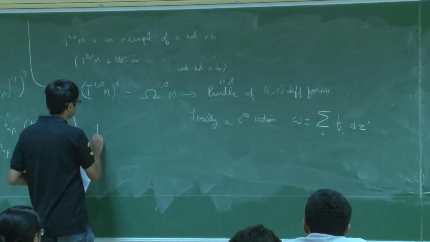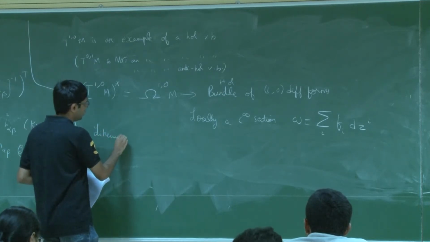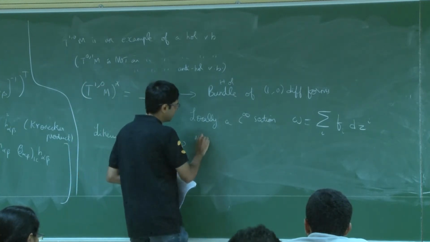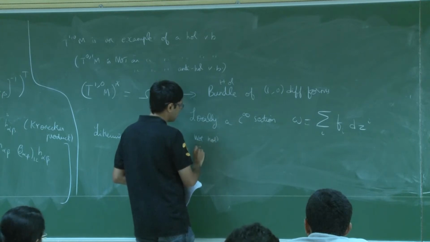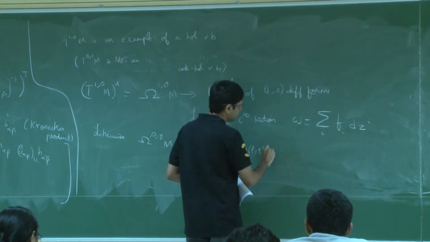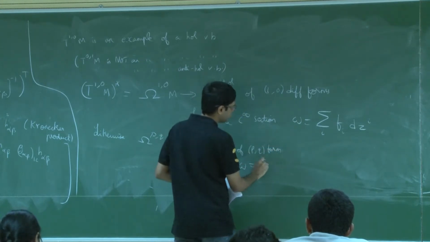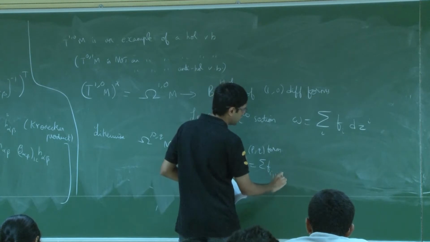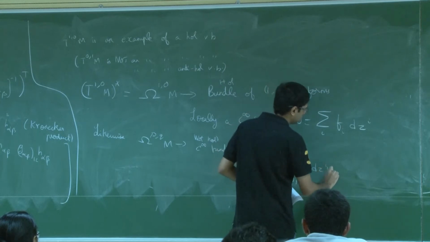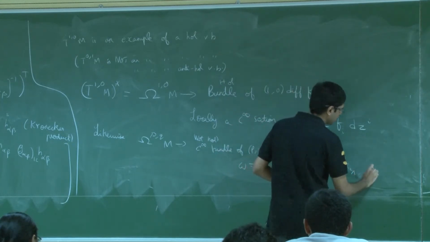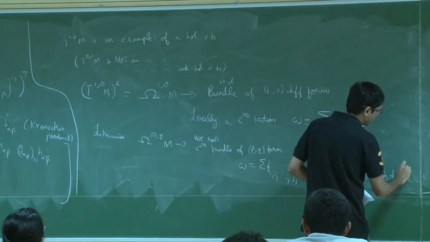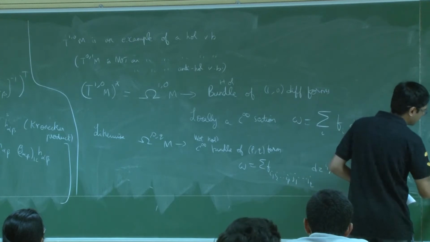Okay. Likewise, we have omega pq, which is not holomorphic, of course, which is a smooth bundle of pq forms. What does that mean? Locally, a section would look like F i1, i2, ip, j1, jq, dz i1, dz i2, dz ip, dz bar j1, dz bar jq.